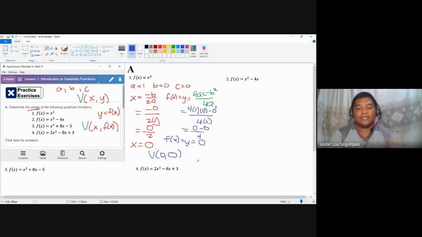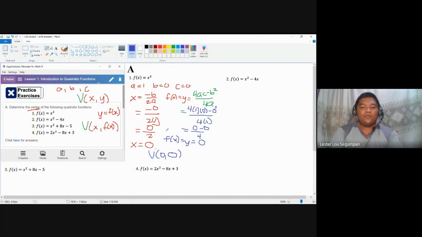This is one scenario. As I mentioned earlier, we have two different scenarios. The first scenario is using this formula. The second scenario may be easier for some, because the formula is difficult to remember or memorize for some.